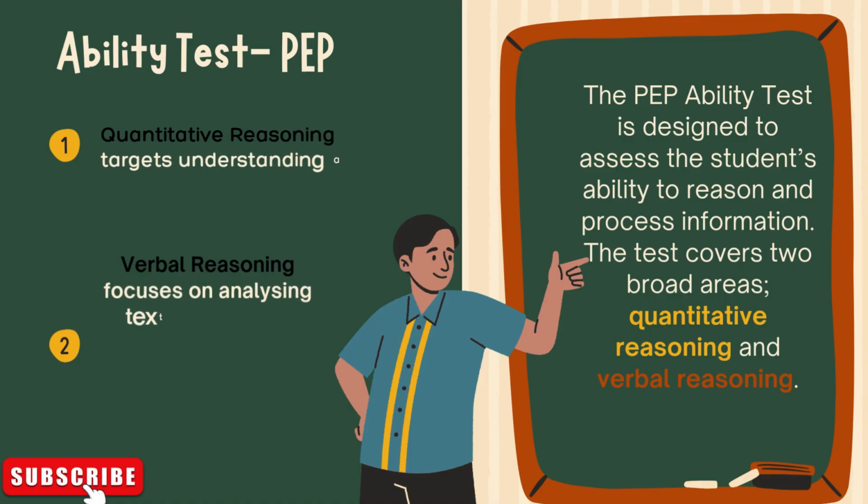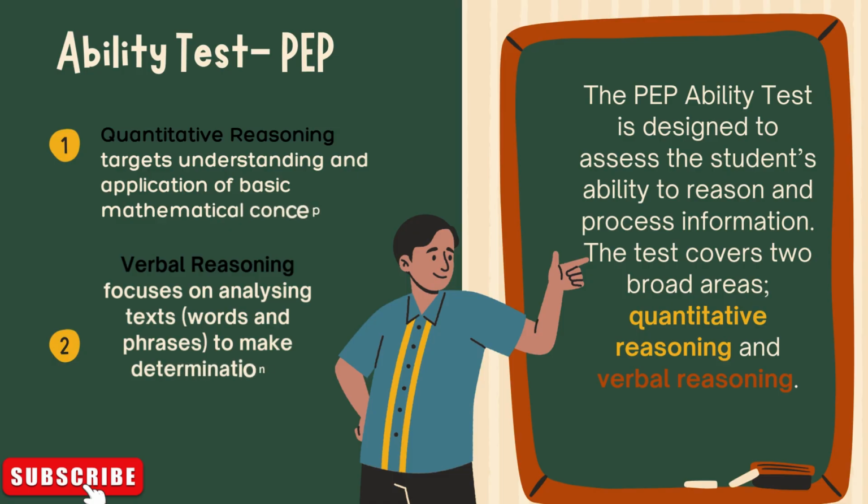The ability test, PEP, is divided into two sections. One, quantitative reasoning, which targets understanding and application of basic mathematical concepts. And the second is verbal reasoning, which focuses on analyzing text, such as words and phrases, to make determinations, to make inferences and to draw conclusions.